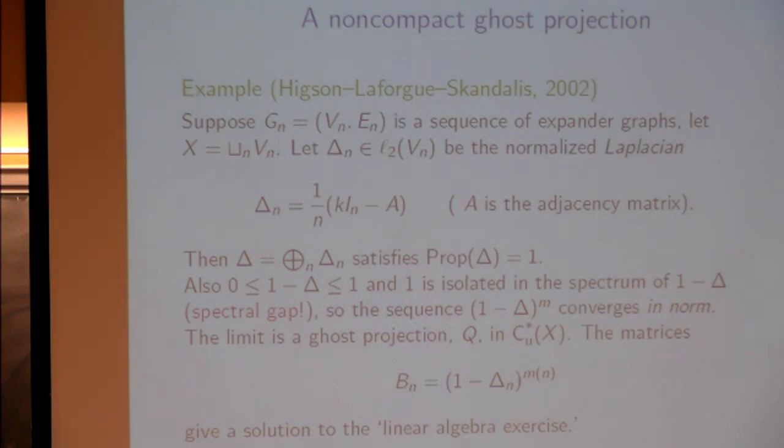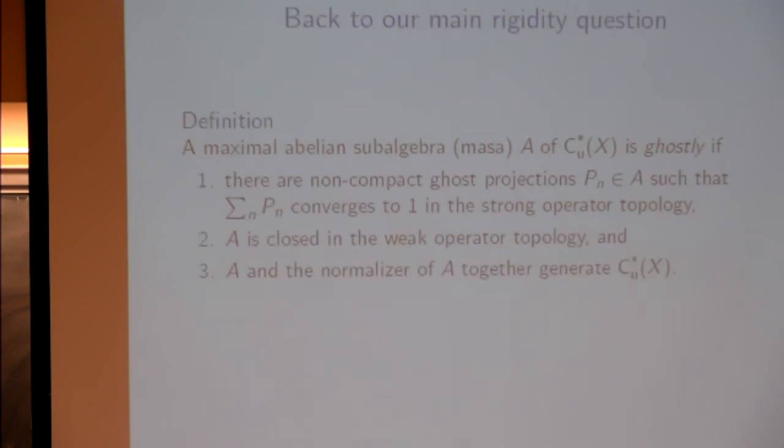Now, why does that matter? Well, remember, I just erased it, but back to our question. If we have a coarse space, a maximal abelian subalgebra is said to be ghostly if there are countably many non-compact ghost projections whose sum converges to the identity in the strong operator topology.